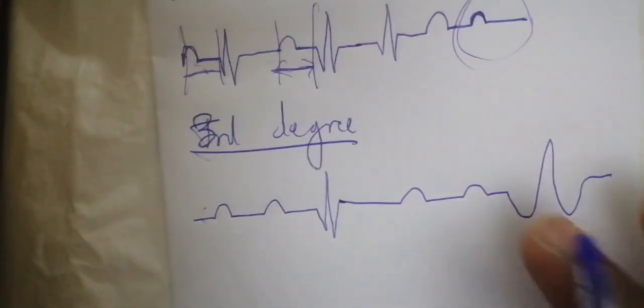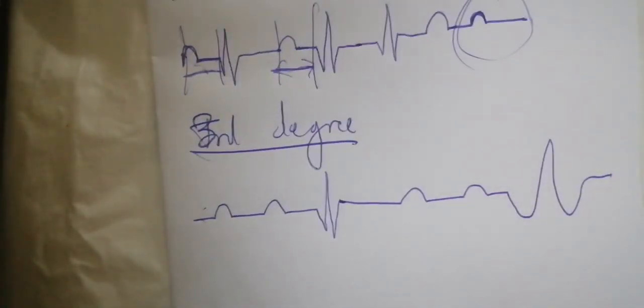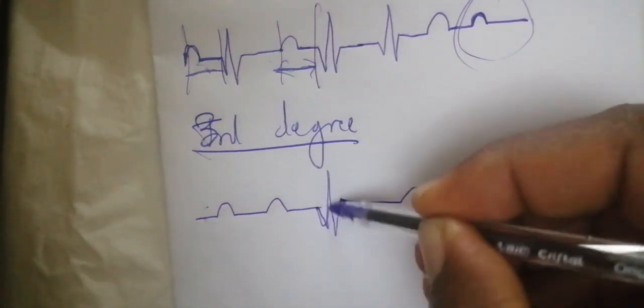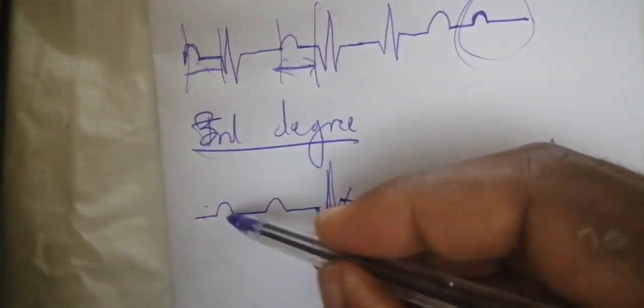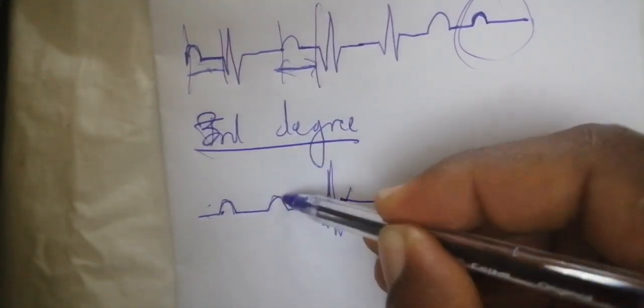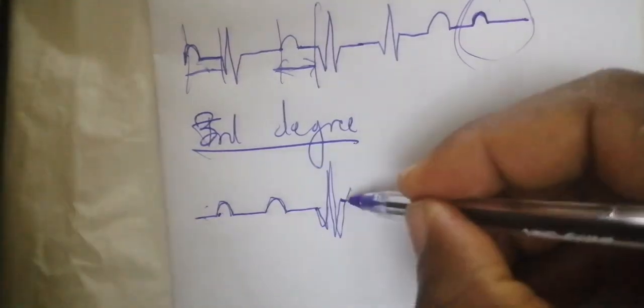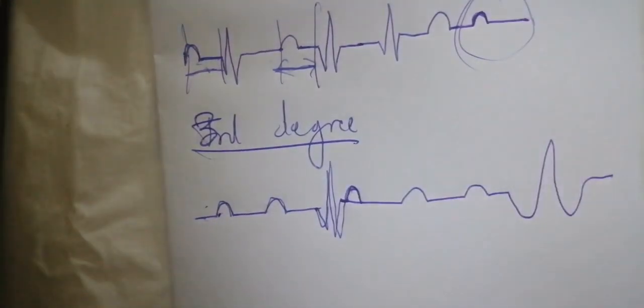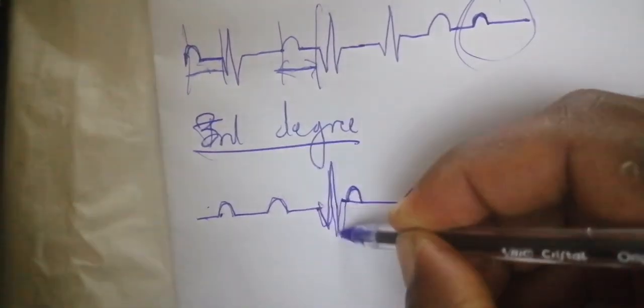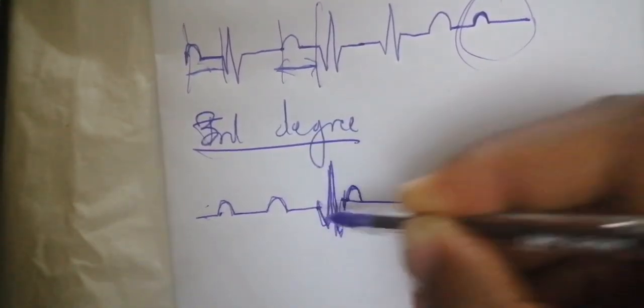Is it clear? So in order to identify a third degree heart block, you have to know that, one, the atrial heart rate and the ventricular heart rate are different. Is it clear? That's the first point in the third degree heart block. And the second point is that we are going to have a malformed QRS complex.